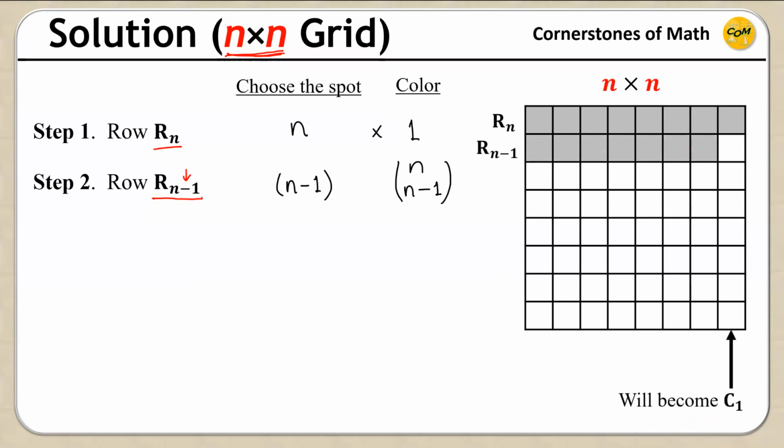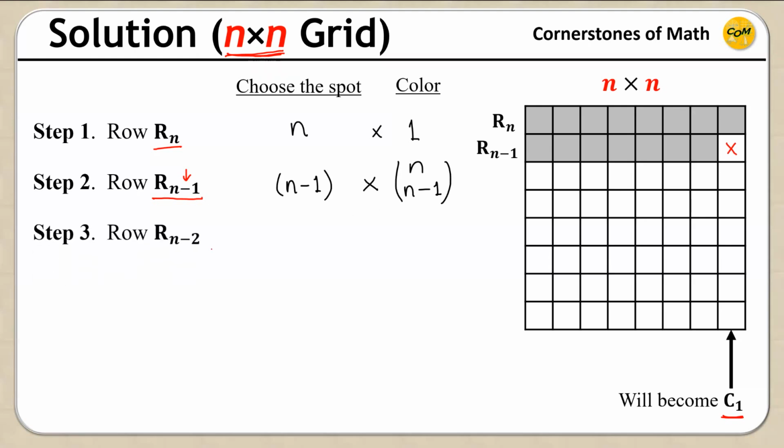Here, coloring n-1 squares results in one uncolored column in that row, and that uncolored column will automatically become C1 in the end. Therefore, there are n-1 times n choose n-1 ways to locate and color Rn-1.